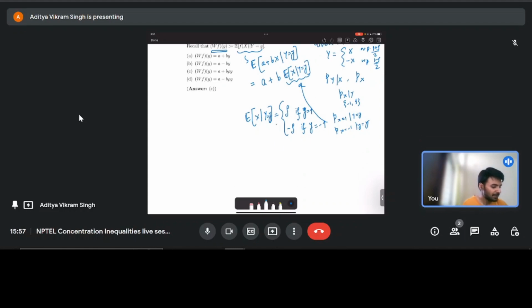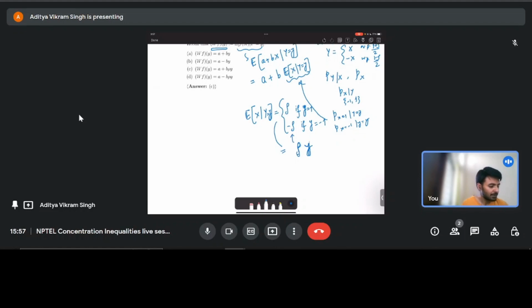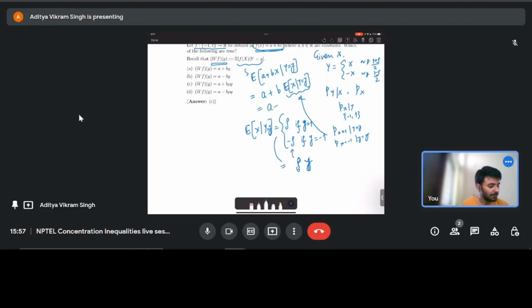And this can be written as rho times y, right? Because if y is 1, this just becomes rho, and when y is minus 1, this becomes minus rho, which is the same as above. So basically we have a plus b rho y, which is option number C.